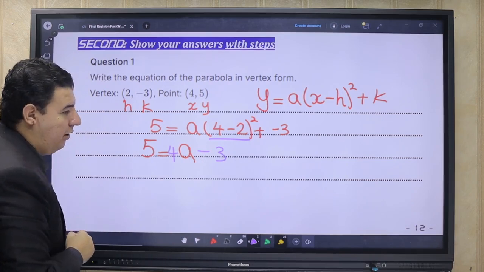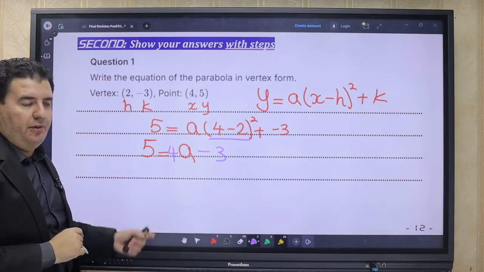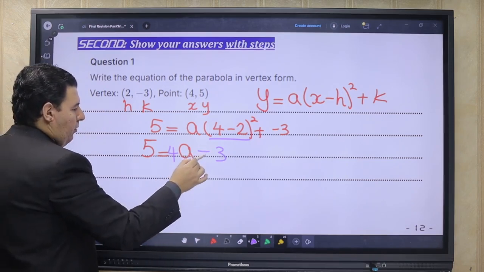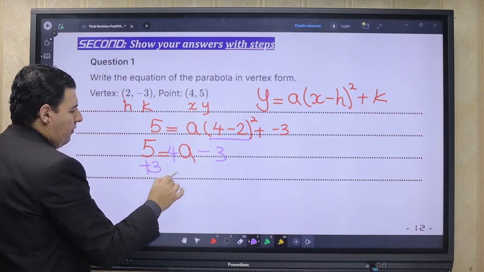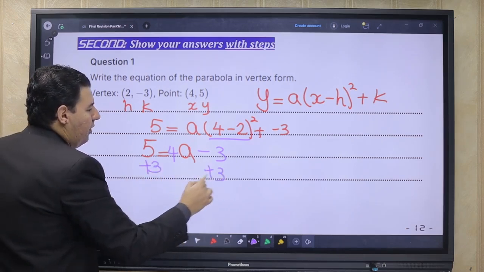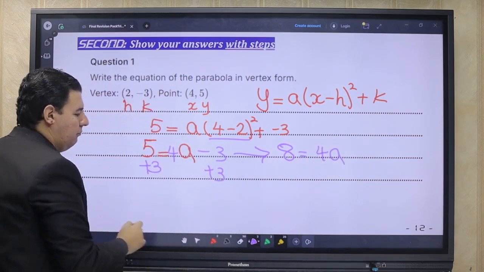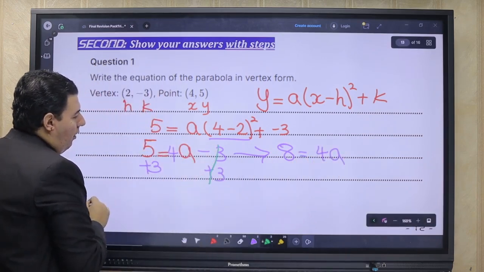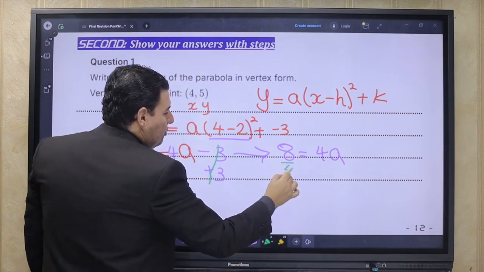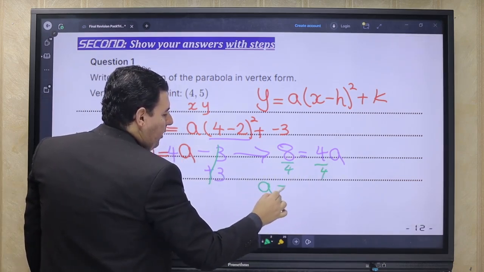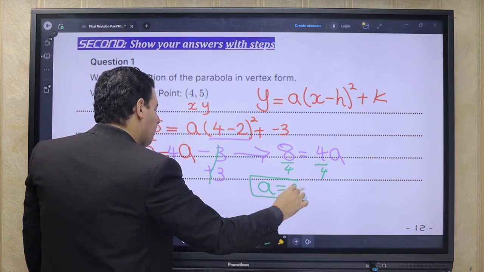So how can we solve this equation to find the value of a? We will move this plus 3. Okay, plus 3. So 8 equal 4a. And we'll move 4 to the division, divided by 4. So a here, it will be 2.